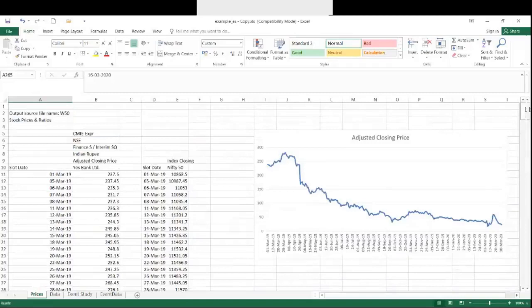So let me give a background. This is the very basic data, and the stock in the picture is Yes Bank, over the last few years, and more recently from 2019.